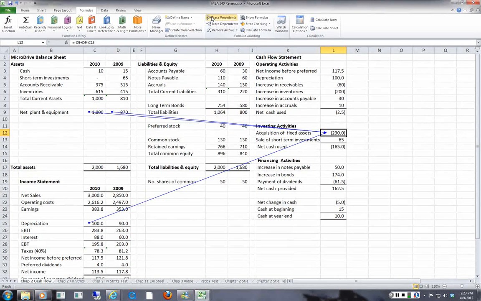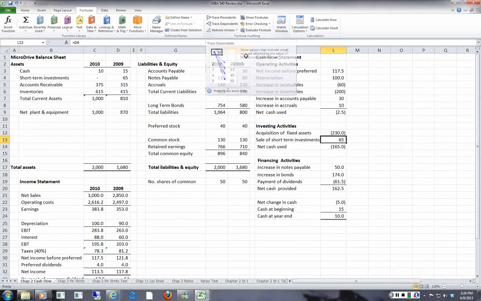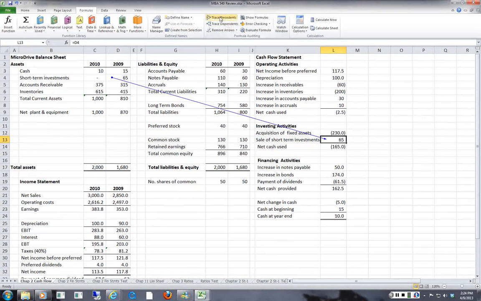So that 230 is the composition of the increase in the net plant and equipment plus that depreciation. Now, from that we had a sale of short-term investments. We sold them, reduced it, and that increased the cash flow. So the net cash used in investing activities, you can see, is 165,000 here.